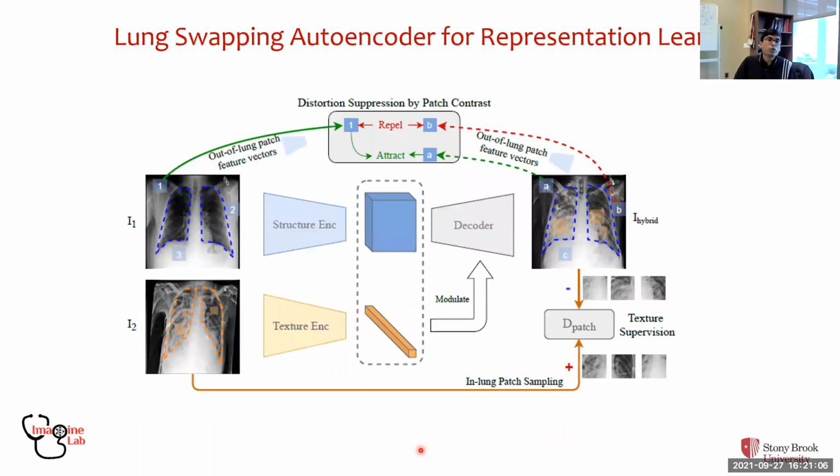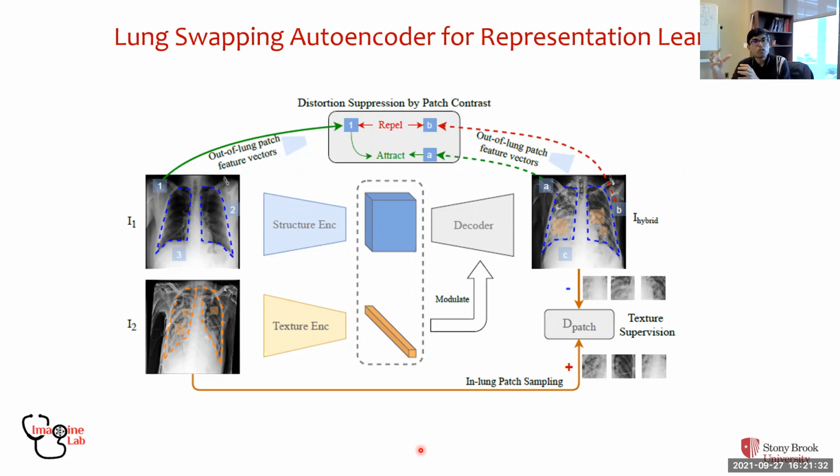So in order to do that, we developed a deep learning framework. It's a generative approach to disentangle structure from texture in lung chest X-rays, and this was called the lung swapping autoencoder. This was for representation learning. Essentially, it has a texture encoder and a structure encoder, and it encodes them separately.